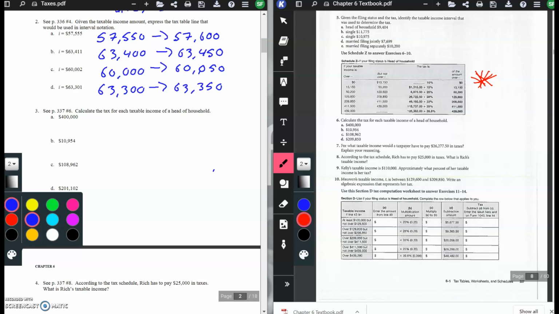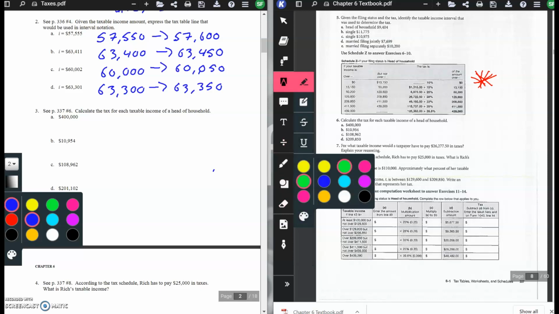So for 400,000, that is going to be between 209,850 and 411,500, right? Because 400,000 is less than 411,500. So we're going to use that line, and we're going to use this formula right here.